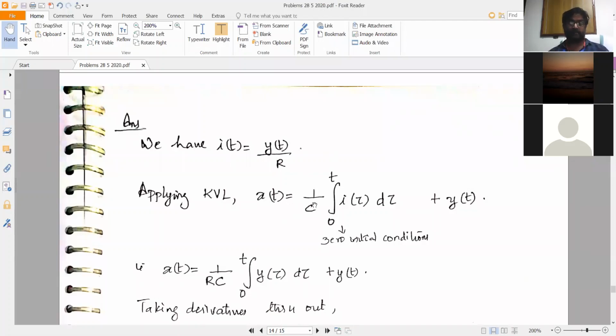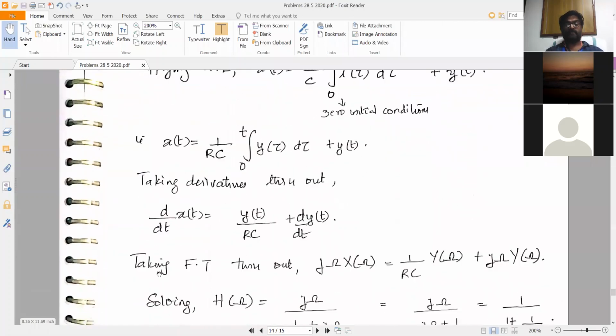So x of t is equal to 1 by C integral 0 to t i of tau d tau plus y of t. Which means you can write x of t is equal to 1 by RC integral 0 to t y of tau d tau plus y of t. So you take the derivative throughout, you can write d by dt of x of t is equal to y of t by RC plus d by dt of y of t.